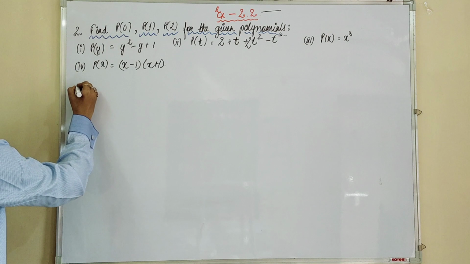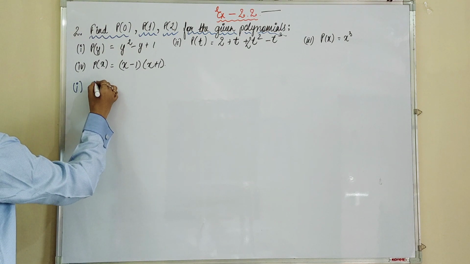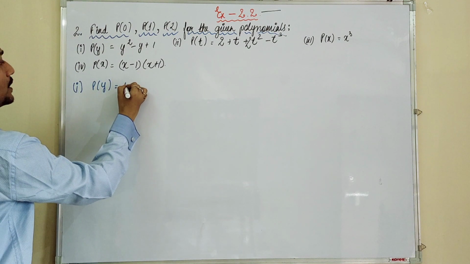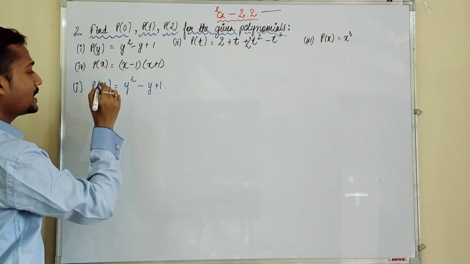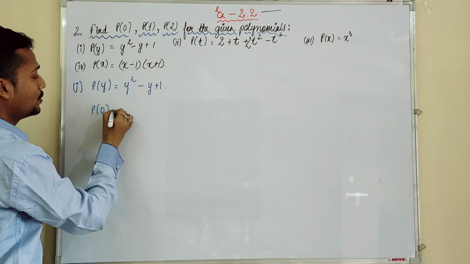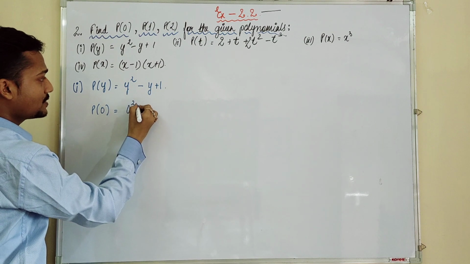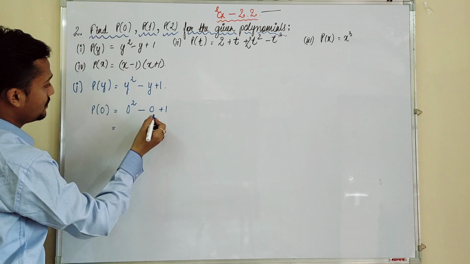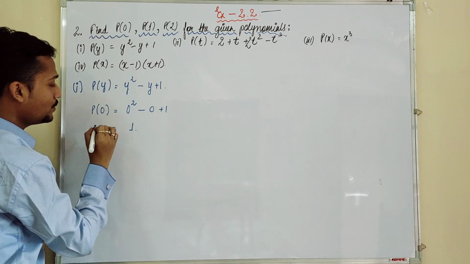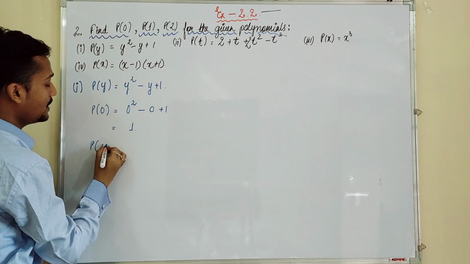So first, p(y) is equal to y square minus y plus 1. So what will I find first? p(0). p(0) is equal to what? 0 square minus 0 plus 1, is equal to 0 minus 0 is equal to 0, plus 1 is equal to 1. Next I will find out p(1).